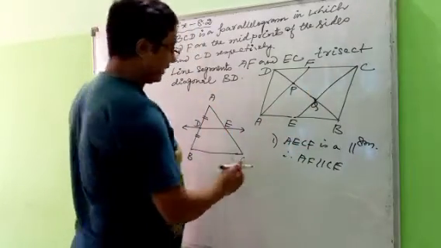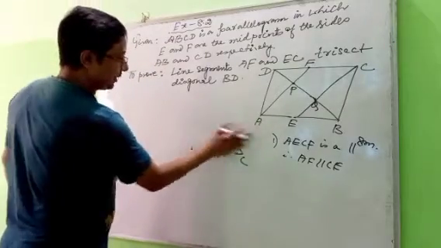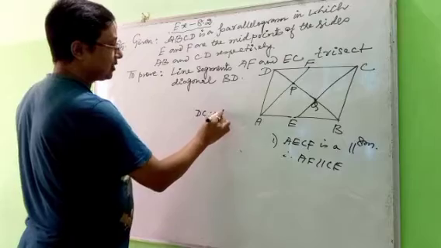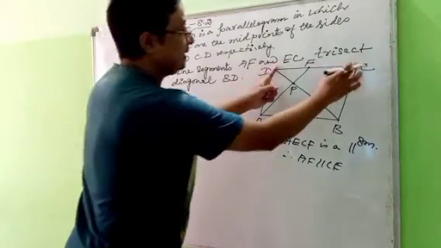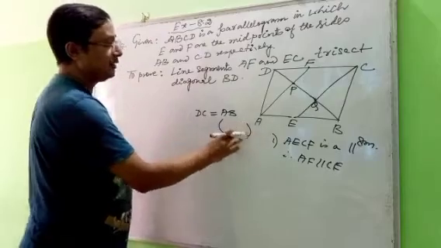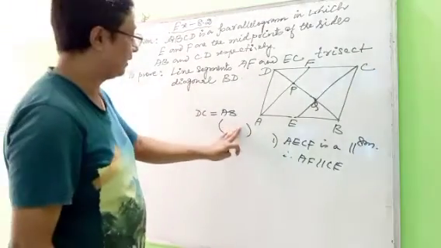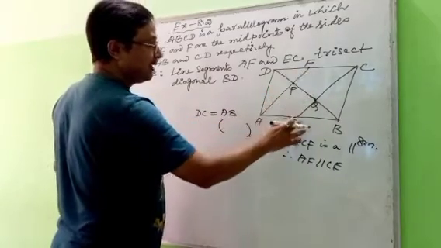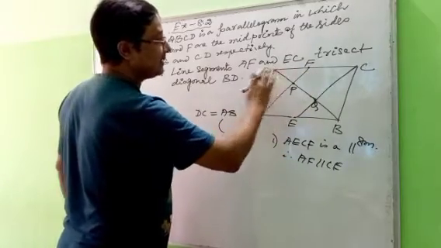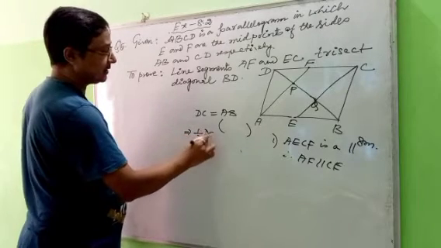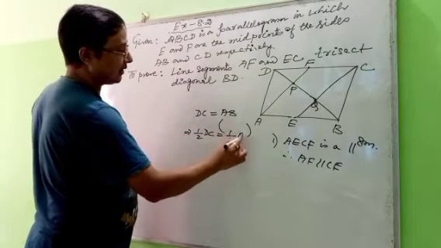Let us take it this way: DC equals AB. This is because opposite sides of a parallelogram are equal. Now, as F and E are the midpoints of the sides DC and AB, you can take half. So half of DC is equal to half of AB.